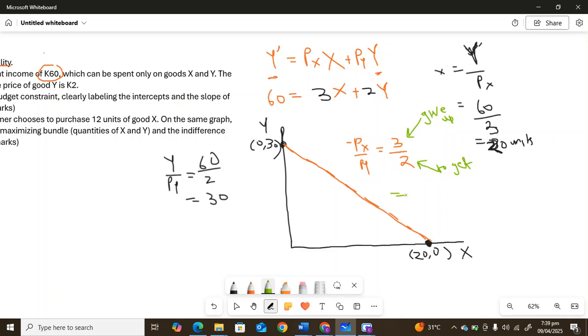What about if you want to get 1 unit of good y? How many units of good x do you need to give up? You just say 3 divided by 2, 1.5.